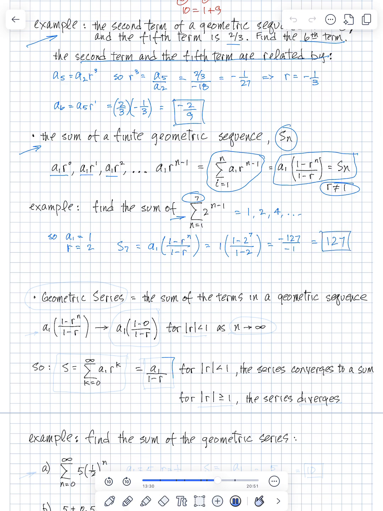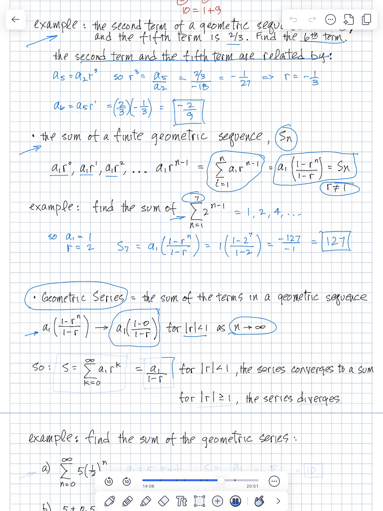So now we're going to define geometric series, and it's just the sum of the terms of a geometric sequence. So our formula here is A1 times the quantity 1 minus r to the n divided by 1 minus r. If the absolute value of r is less than 1, which means it's a fraction, and as n goes to infinity, we have this equation here.